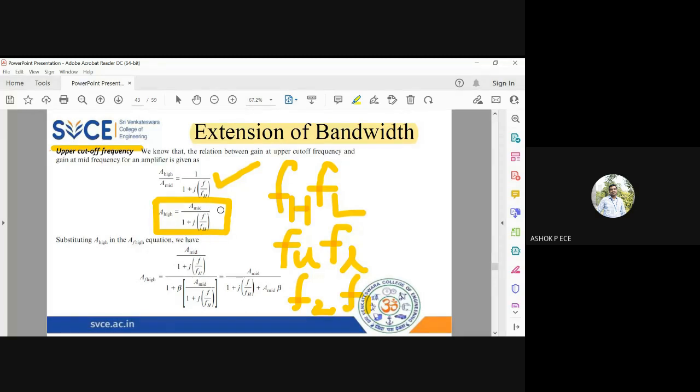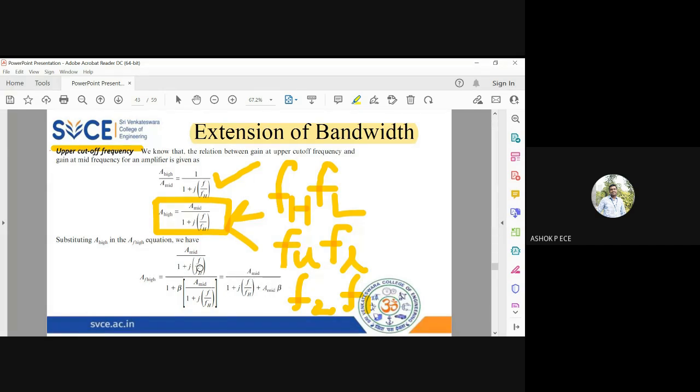Substituting the value of A high: A mid by 1 plus j F by FH, divided by 1 plus beta into A mid by 1 plus j F by FH. Same way, take the LCM, cancel out the terms in the numerator and denominator, and write the remaining terms: A mid by 1 plus j F by FH plus A mid into beta.